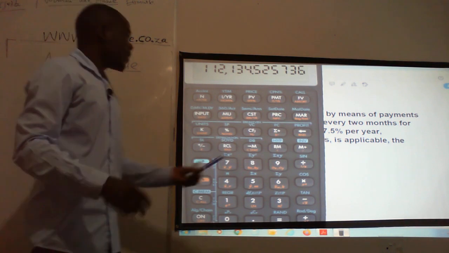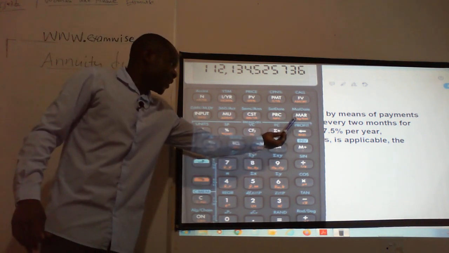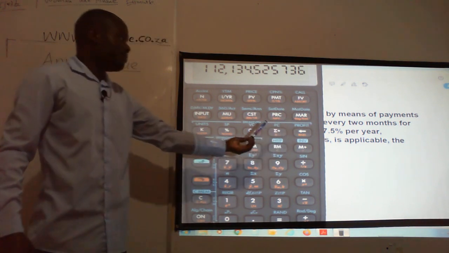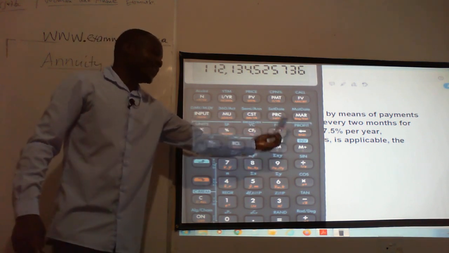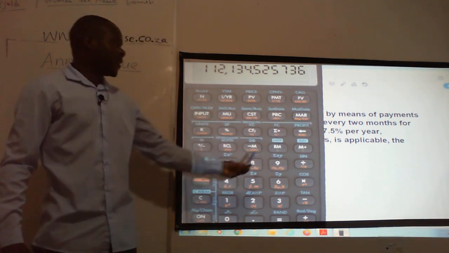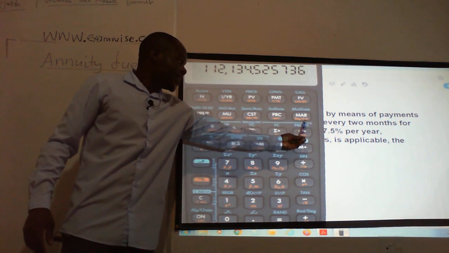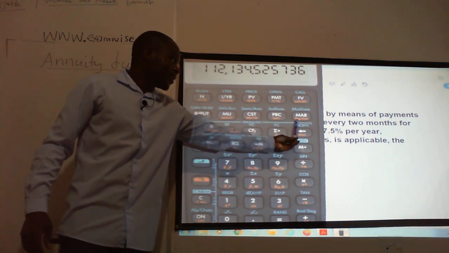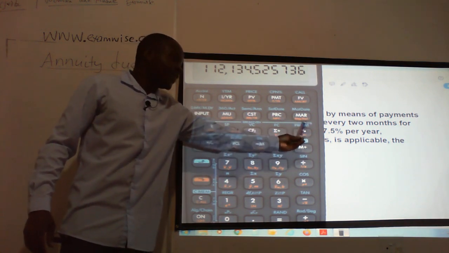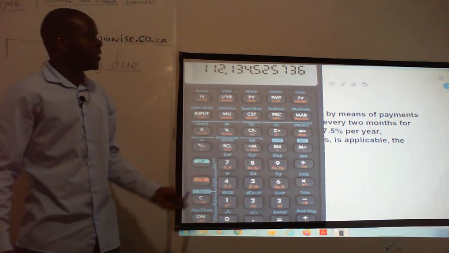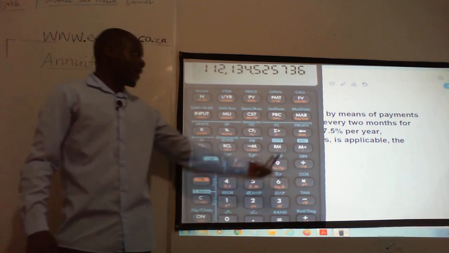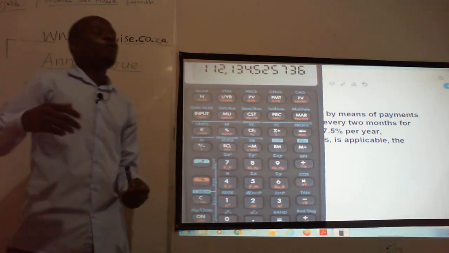If we have a look here, we have BEG in orange, which stands for beginning, and then END as well. So BEG/END: BEG stands for beginning and END stands for end.